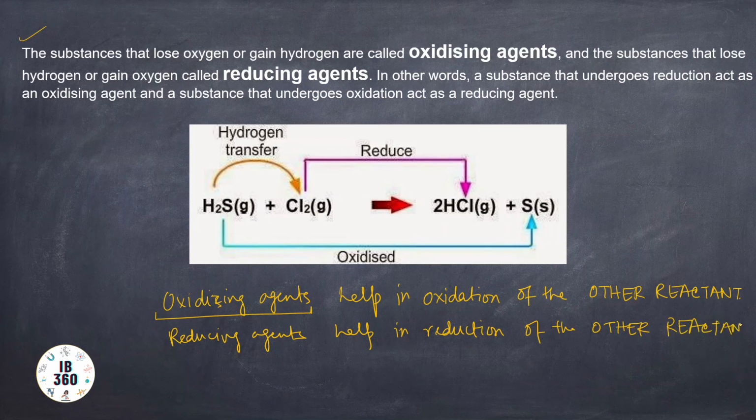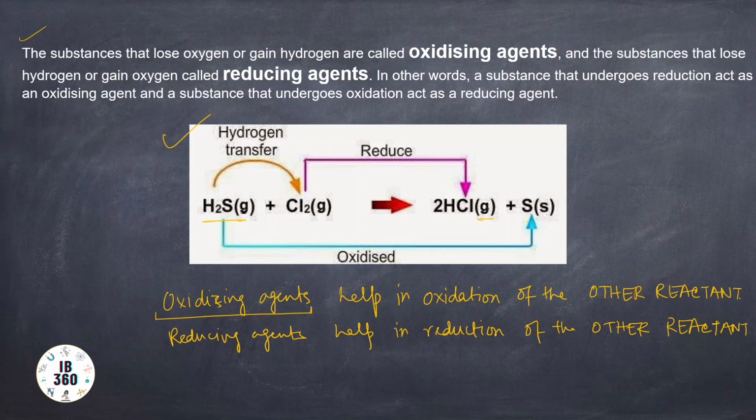Here we have a very nice example again. We have hydrogen sulfide, and hydrogen sulfide is reacting with chlorine gas and forming hydrogen chloride and sulfur. This is not hydrochloric acid because in gaseous form we have hydrogen chloride, and we have sulfur as a solid.